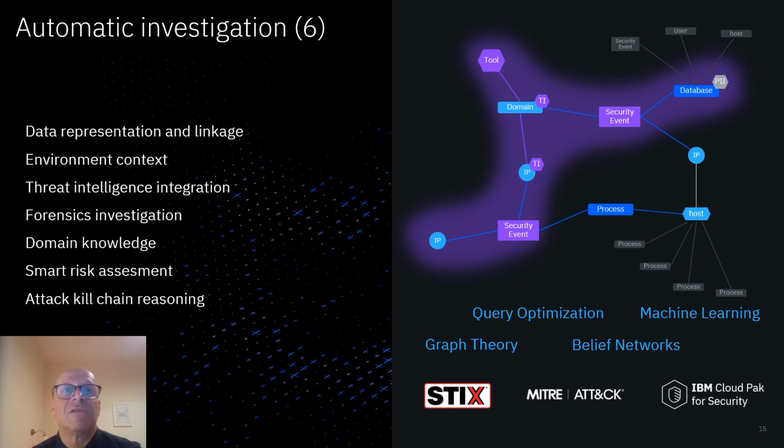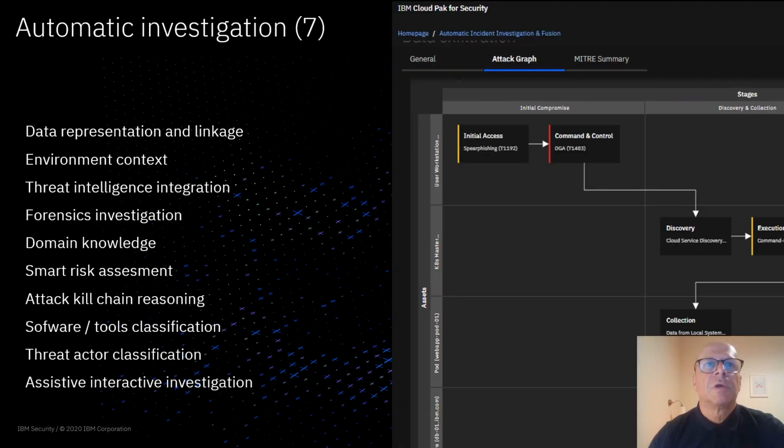But that is not all. In the end, we need to make the results easily consumable by a human being, by an analyst. Common ontologies such as MITRE are very helpful here. In this chart, you can see a screenshot of one of our prototypes presenting the attack kill chain in the visual and conceptual formalism of the MITRE attack framework.